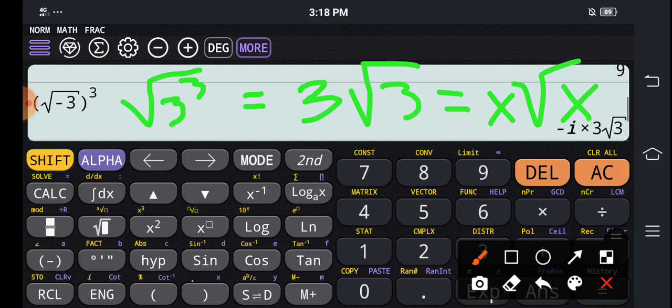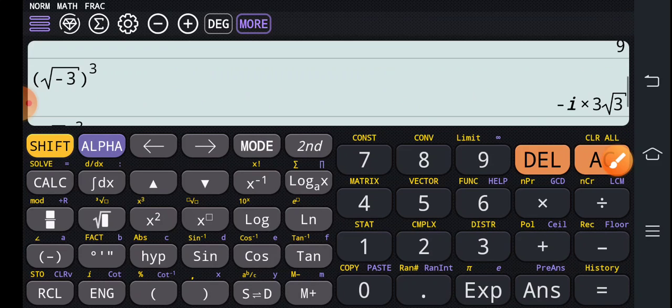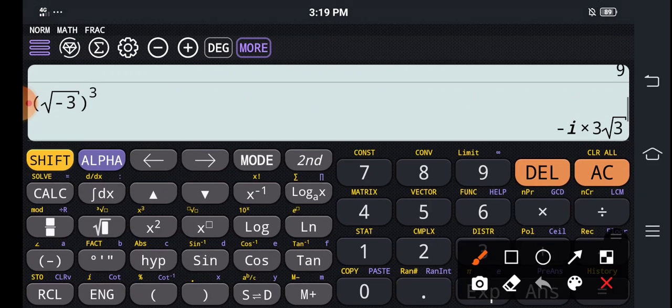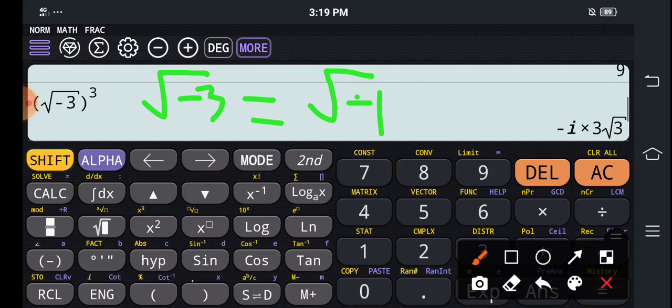So we have to recall also that if we have square root of negative 3, we have to separate the negative 3. So negative 1 times square root of 3.